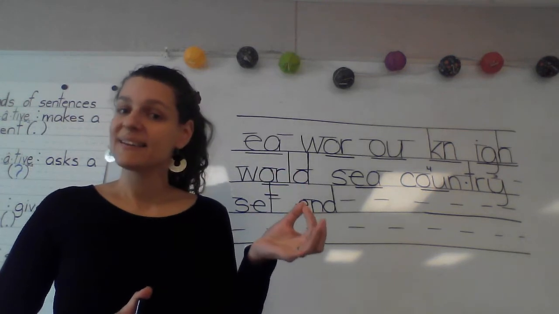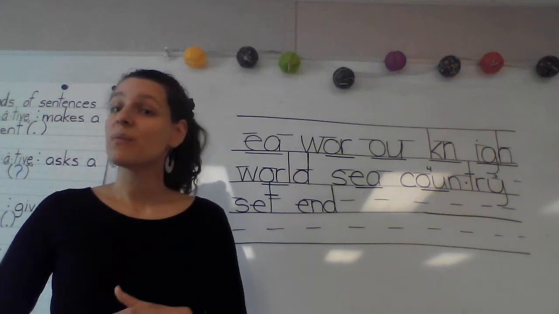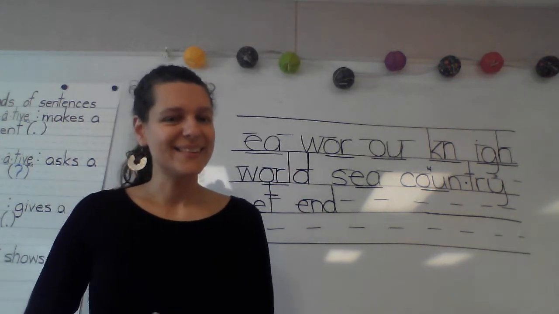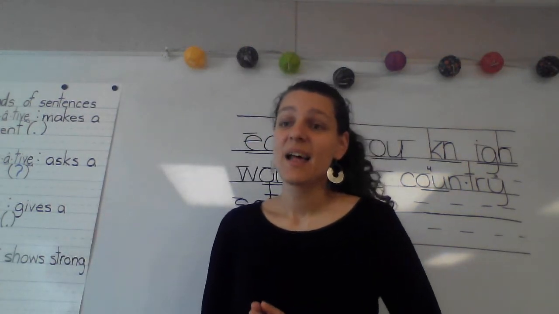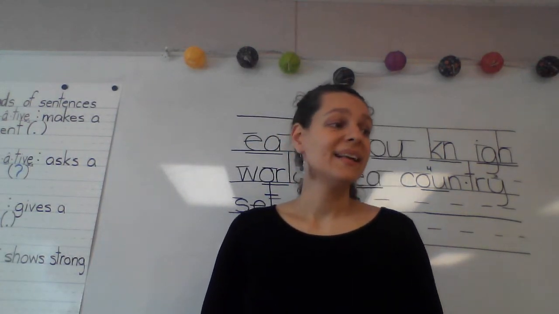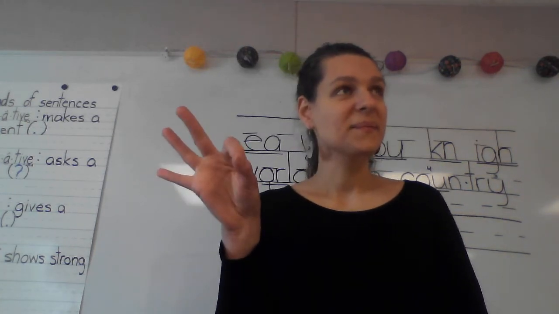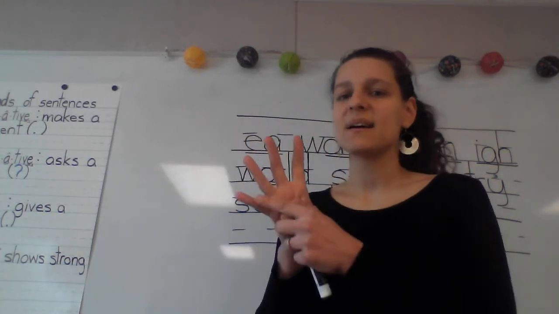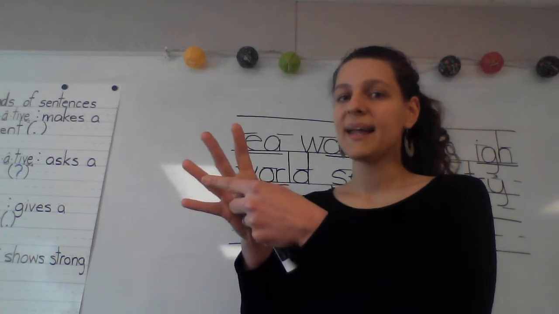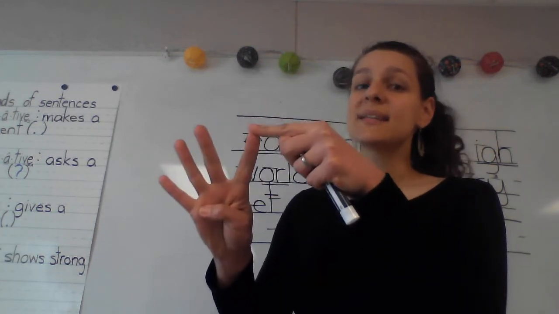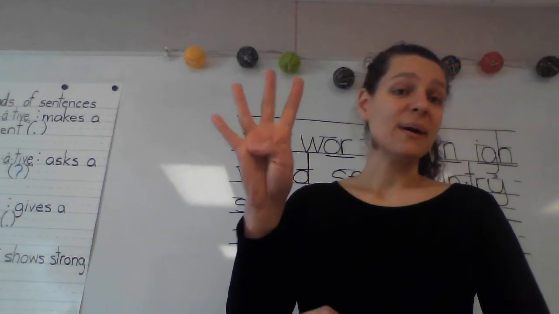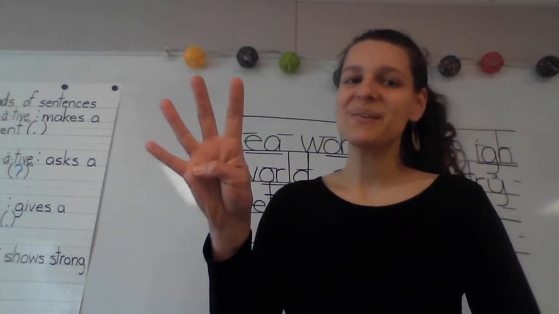List. The last set of words in our book is a list. List. What sounds do you hear in the word list? Good, our sounds are l, i, s, t. All right, class, write those sounds and say them while you write them.